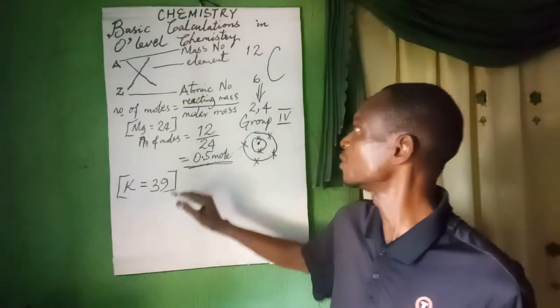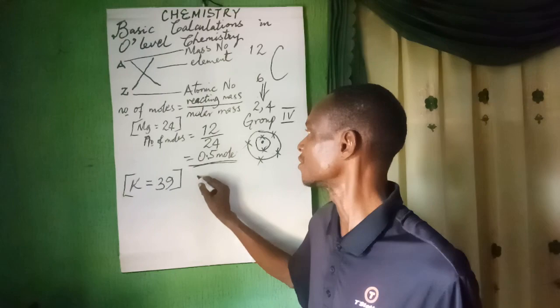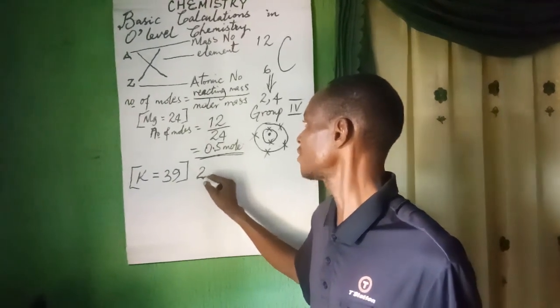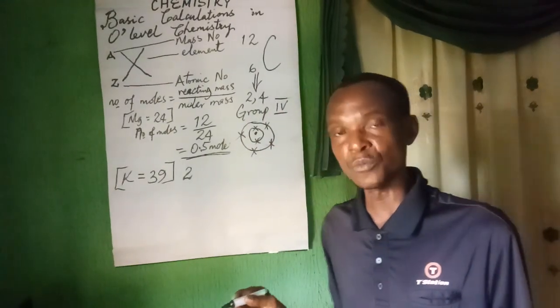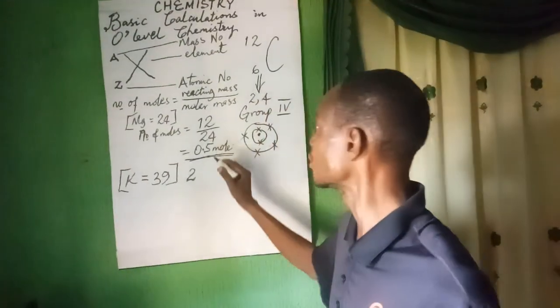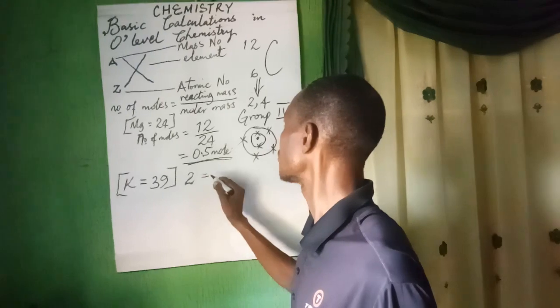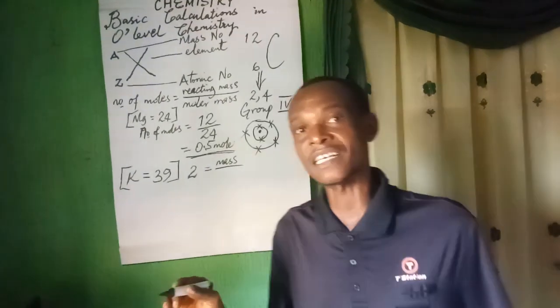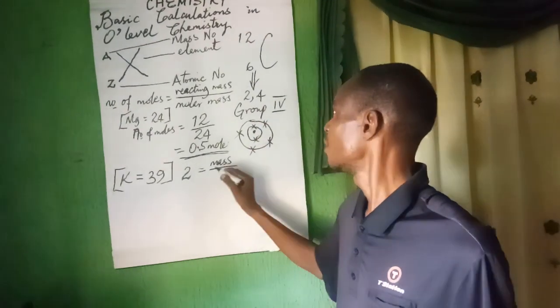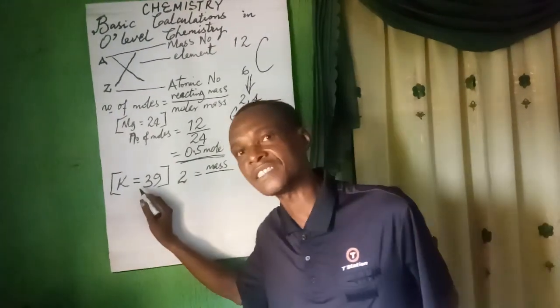So going by the equation, the number of moles from this question is 2, because the question asks for the mass of potassium in 2 moles of the element. So the number of moles will be 2, equal to reacting mass, that is what we are going to find. We will just write it as mass, or M, all over molar mass, which is this 39.